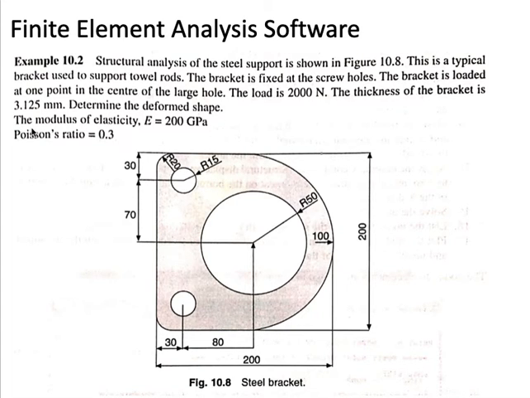The modulus of elasticity E is 200 gigapascal, and Poisson's ratio is 0.3. So here we know this figure. On this basis we need to go through the software procedures. So we'll first see the procedures according to this.